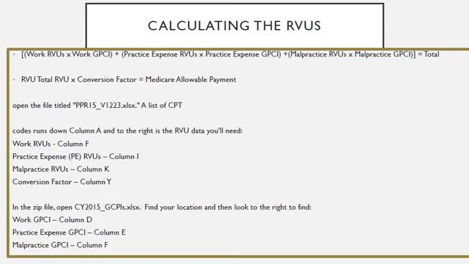Total RVU times the conversion factor equals the Medicare allowable payment. All right, that was a lot to say. I'm not going to say it again. That's the way that an RVU is calculated.